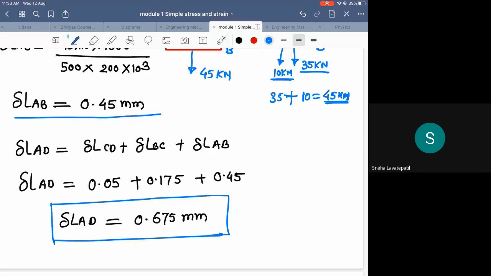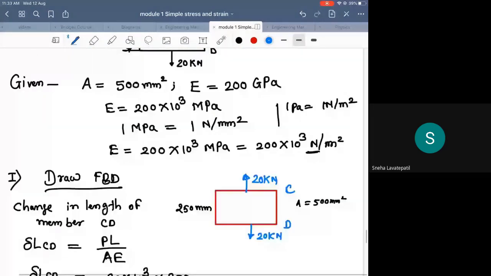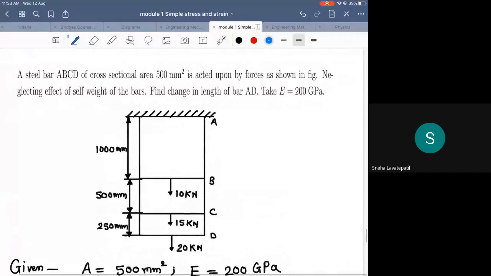And what is our final conclusion? If there is such a member which is fixed at one end A and subjected to forces like this, then the change in the length of the member delta L is 0.675 mm.